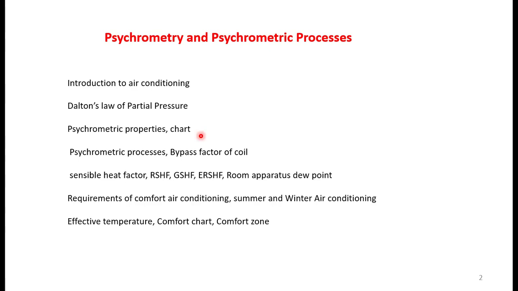So we'll be looking into those different psychrometric processes, their physical arrangement, the working principle of each process, how the process can be represented on the psychrometric chart, and some of the numerical problems dealing with the psychrometric processes. Along with the psychrometric processes, another important term is the bypass factor of the coil.